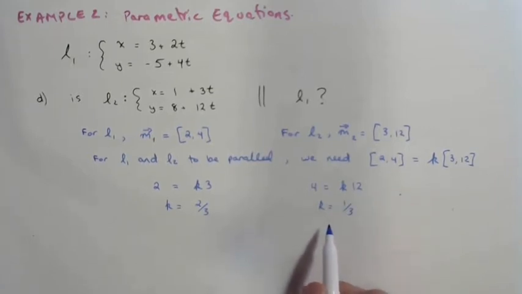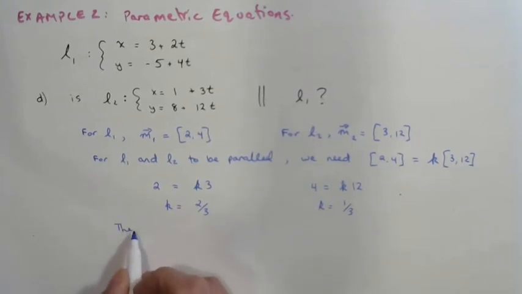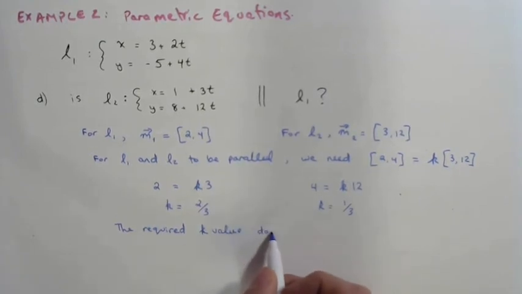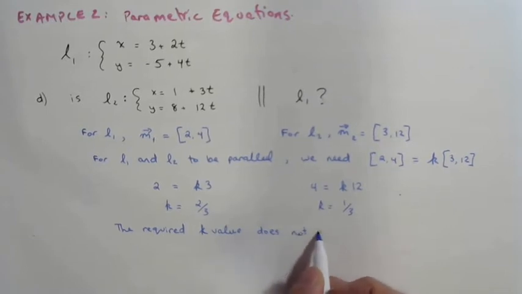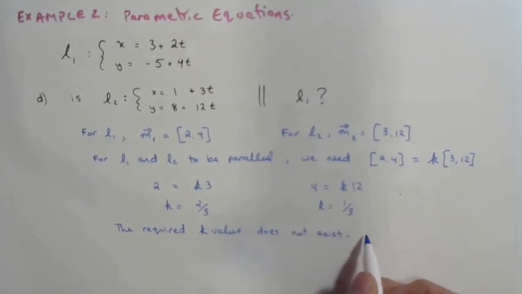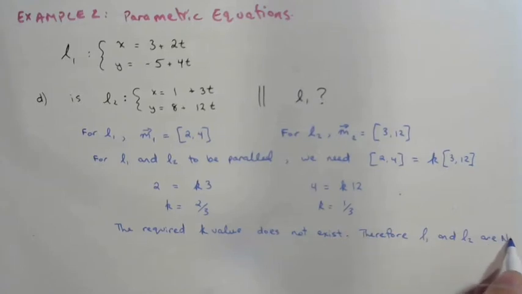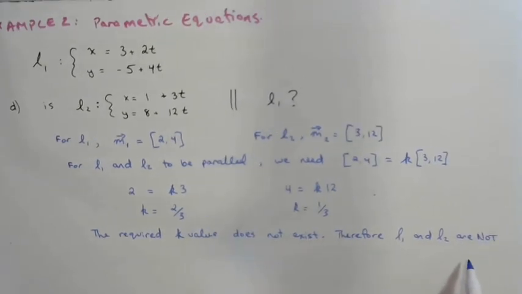Okay, so here are our k values. The required k value is supposed to be the same if they're parallel, but they're not. The required k value does not exist. Therefore, L1 and L2 are not parallel.